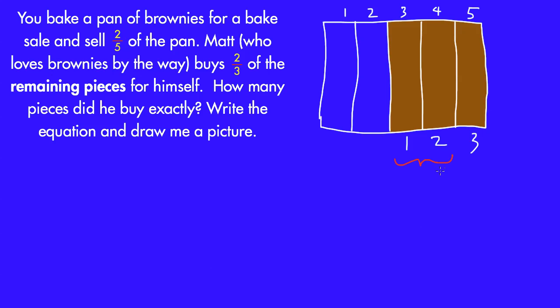So how many did I buy for myself exactly? The answer should be pretty obvious, right? I bought 2. If I were to write the answer on a test, I would write Matt bought 2 pieces for himself.